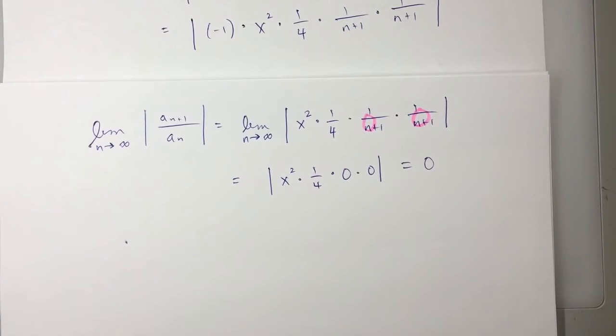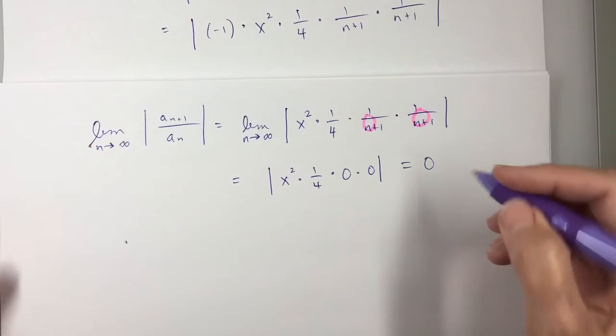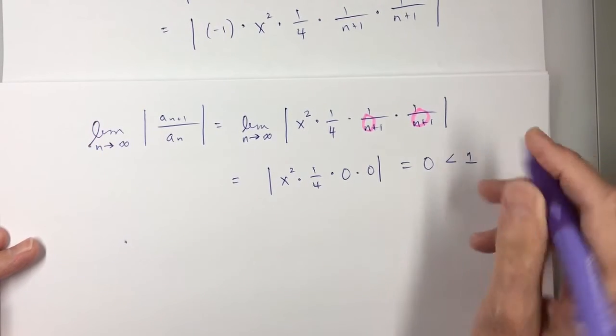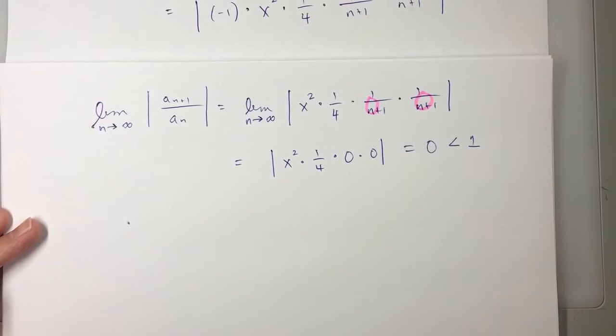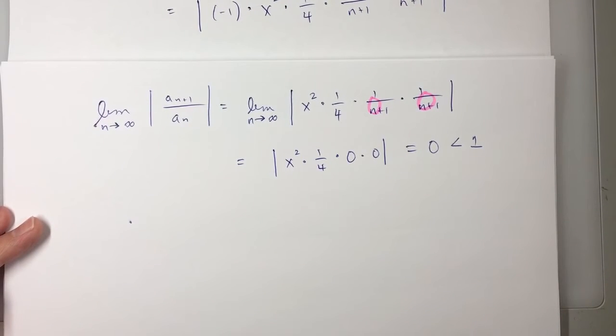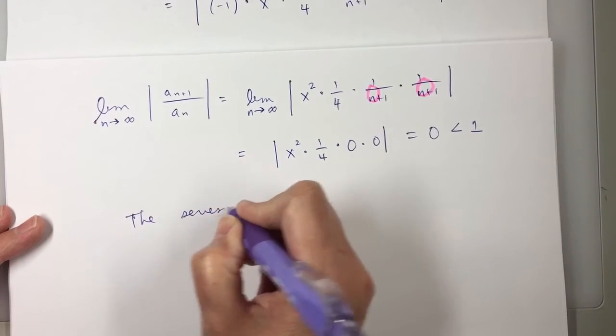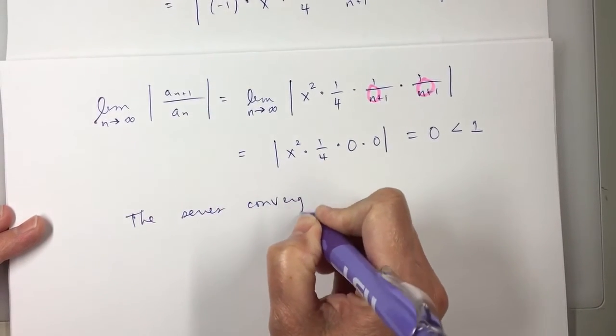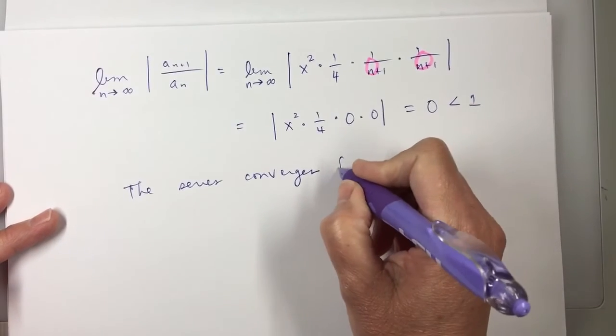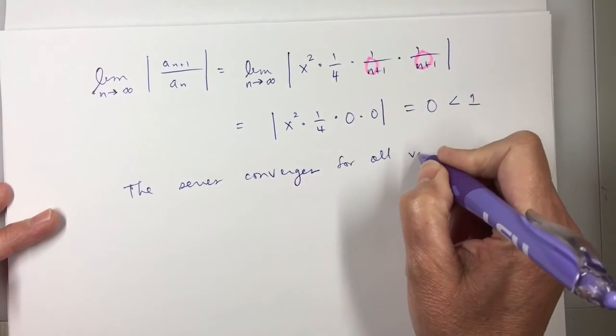That is less than 1. This series converges for all values of x. I don't have to worry about solving the inequality. We got it. So the series converges for all values of x.